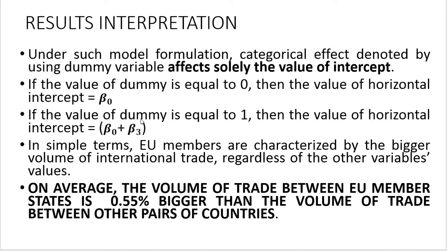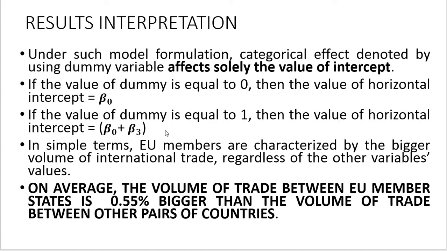However, if the value of the dummy is equal to 1, so both countries are European Union member states in period t, then the value of the horizontal intercept is equal to beta 0 plus beta 3. So it will mean that these pairs of countries have a higher value of the horizontal intercept.